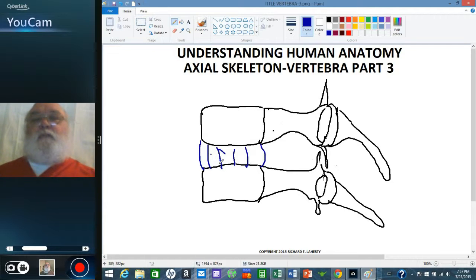Like so. So this is the intervertebral disc.